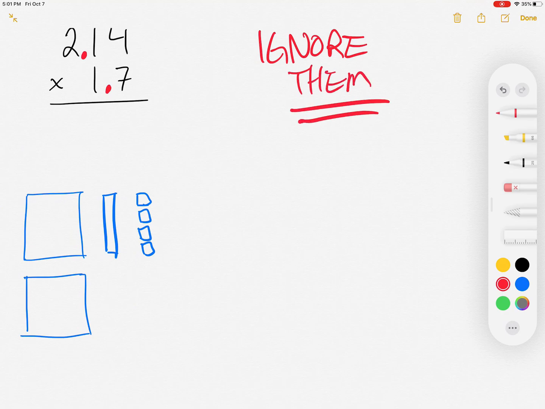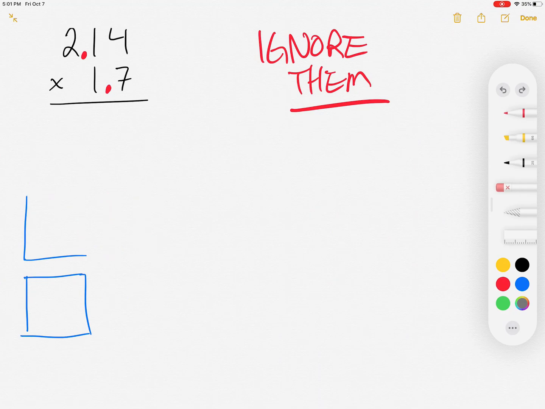Why? Because our brains do much better when we can deal with whole numbers with multiplication. So I'm going to pretend those aren't there. I'm actually just going to take them right out. Boom. Now what I have is 214 times 17.